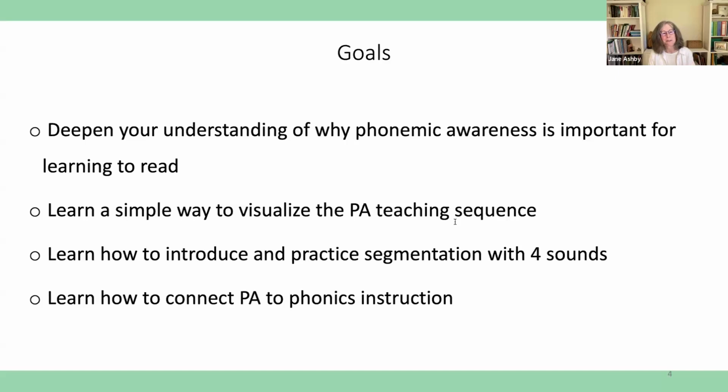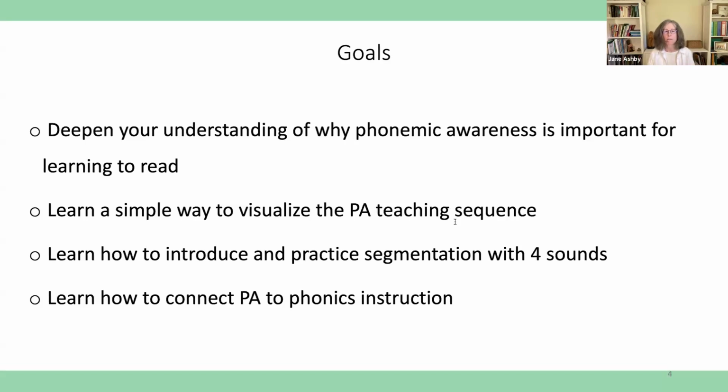So these are just the goals of the talk. I hope that by participating today, you'll deepen your understanding of why phonemic awareness is important for learning to read, and that you'll learn a simple way to visualize the phonemic awareness sequence. What that does is, as an instructor, that helps make you independent.